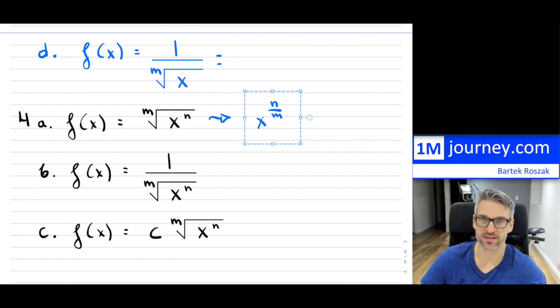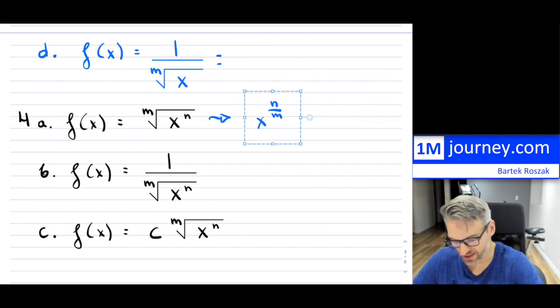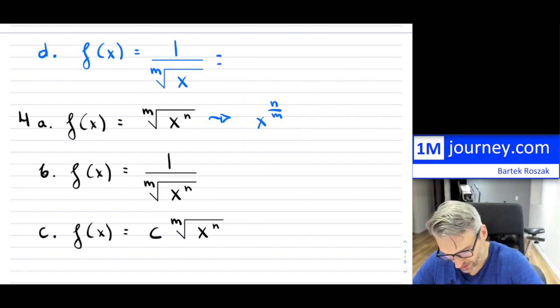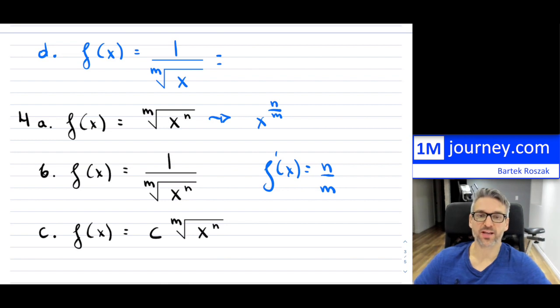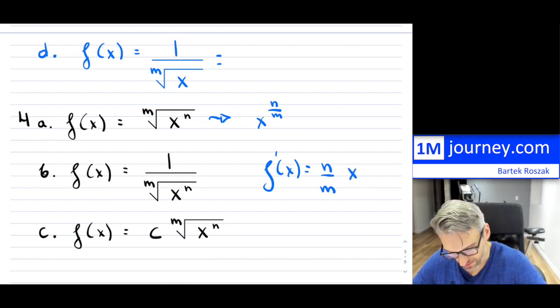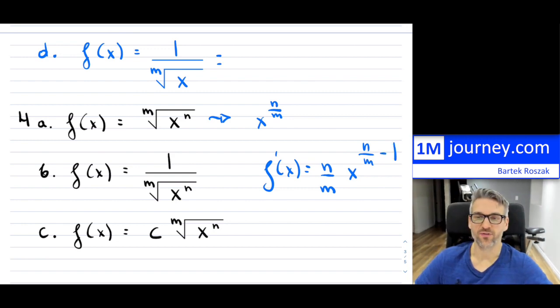So we can make that assumption, but it doesn't have to be. The derivative of this is always going to be simply the actual exponent multiplied by the variable, and you're going to take n over m and subtract 1. That is the general case for these.